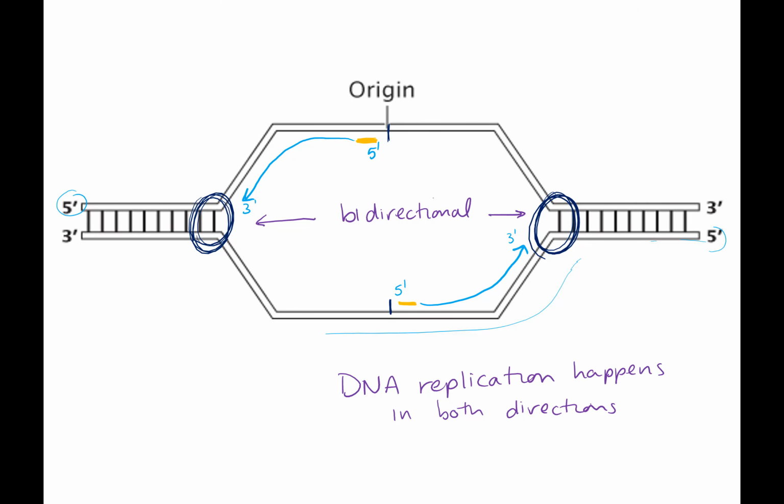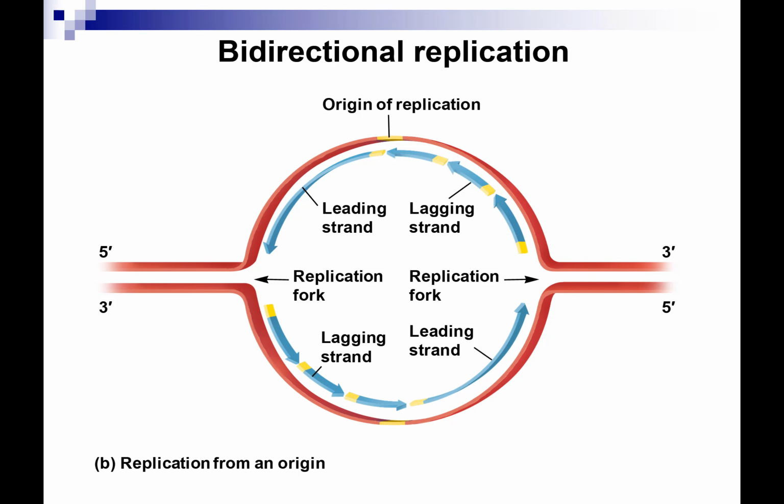So you have a replication bubble that initiates at the origin, and it results in 2 replication forks. So everything we just showed you before is happening in both directions. So this is a nice little image to illustrate what's going on.